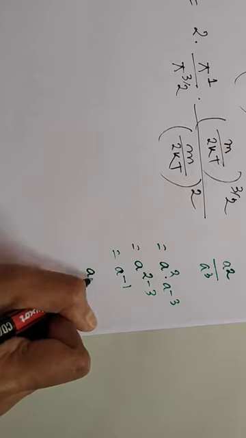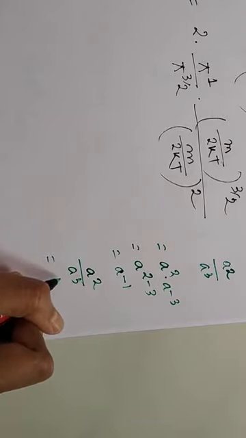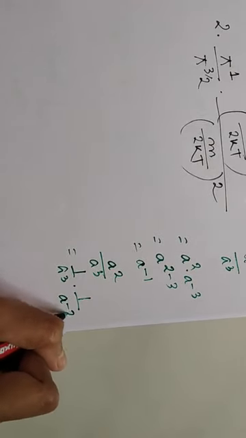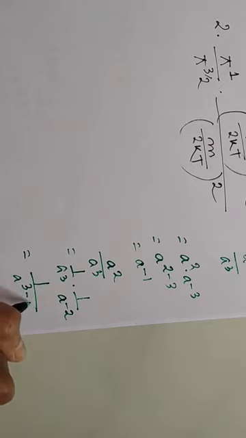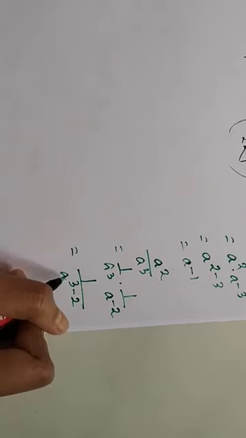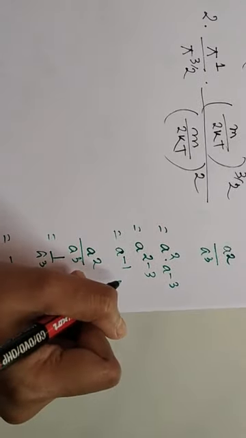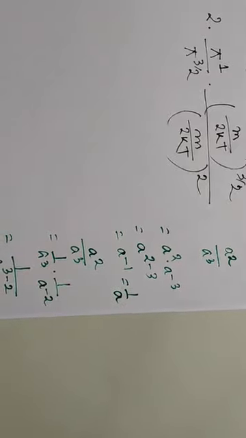Or we can bring this a square in the denominator, so the power will become a to the power minus 2, and then we do the subtraction a to the power 3 minus 2, and it will be a. 1 by a to the power minus 1 also was 1 by a.